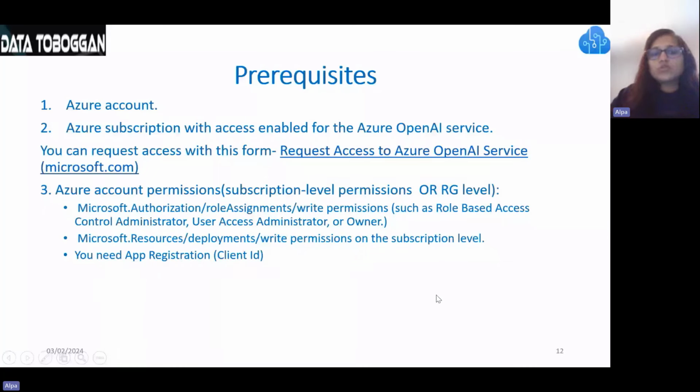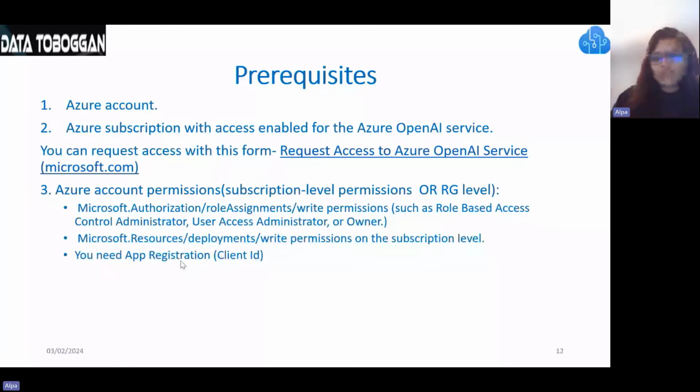You also need to have certain permissions, at subscription level or resource group level. And for deploying your app through Azure OpenAI, you have to have an app registration ID. This is a new change. Earlier it was not needed, but now you have to have an app registration, and if you don't have permission, then you should have a client ID and client secret.